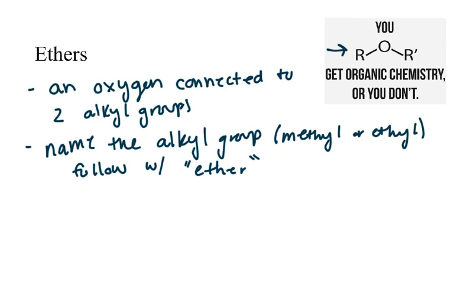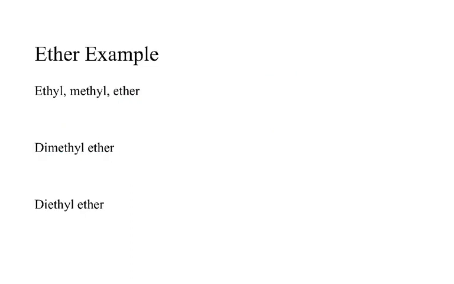So our ethers, let's take a look at 3 examples for this one. So we have ethyl methyl ether. That's our first one. So let's break this down. So ethyl is 2 carbons, right? So it's C2H5. Methyl is 1 carbon, so it's CH3. And then ether. This is our little oxygen there.